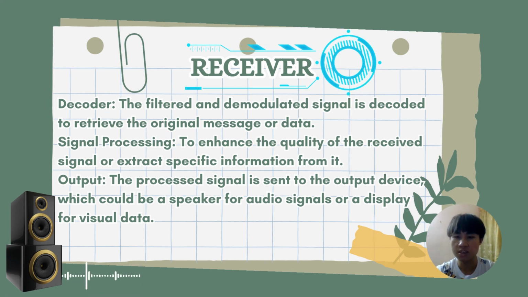Then, in some cases, further signal processing may be required to enhance the quality of the received signal or extract specific information from it, which is signal processing. Finally, the processed signal is sent to the output device, which could be a speaker for audio signals or a display for visual data. The information is now ready for use by the intended recipient.